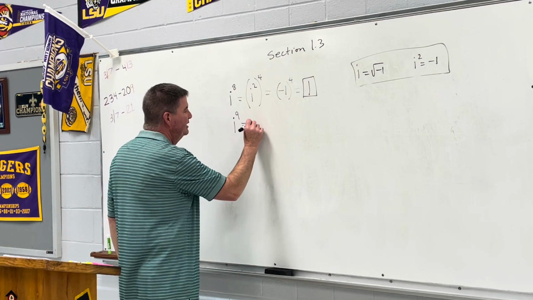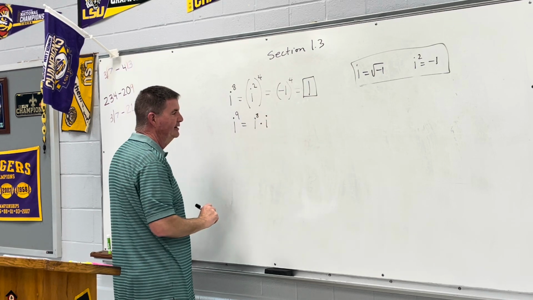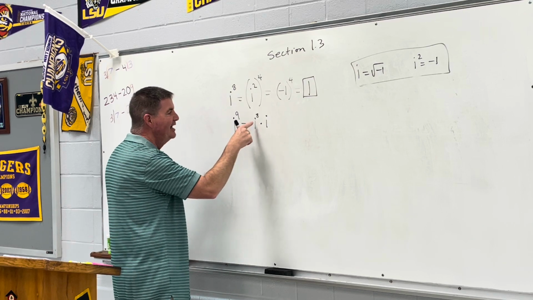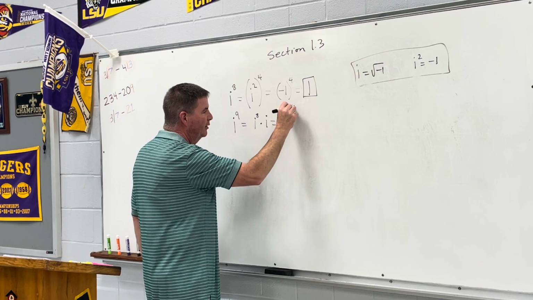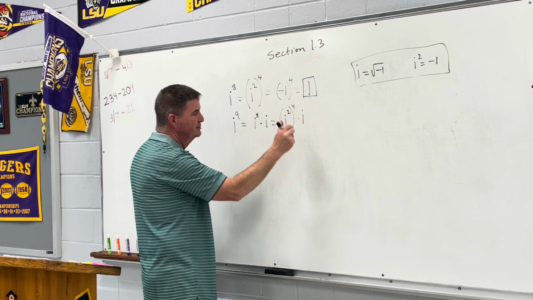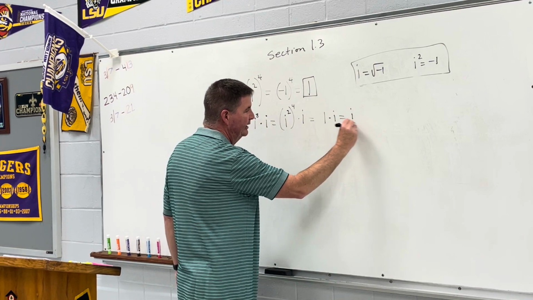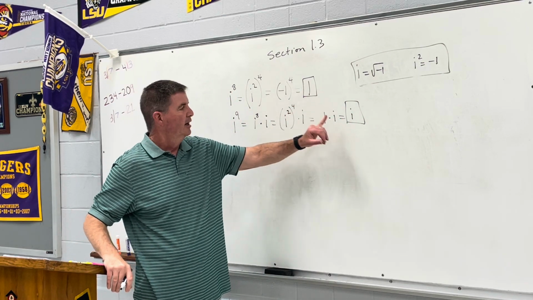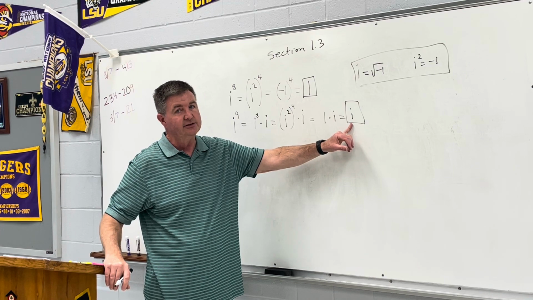So what I have to do here is write this as i to the 8th times i, because i to the 8th times i gives me i to the 9th. Then I can take the i to the 8th and write it as i squared to the 4th times i. And then i squared to the 4th is equal to 1, times i. The answer is i. So one of the answers you could get possibly is 1. Another answer you could possibly get is i. You're going to see that there's only 4 answers you could possibly get.